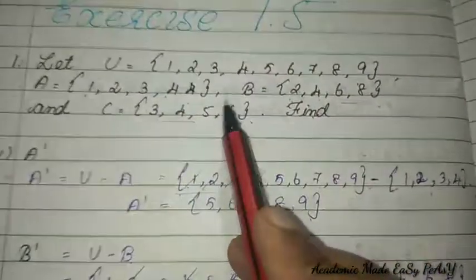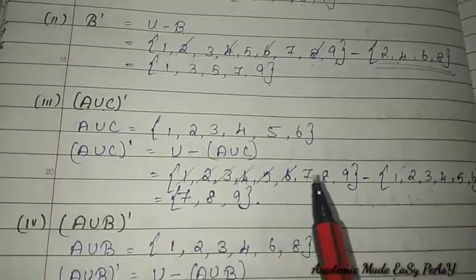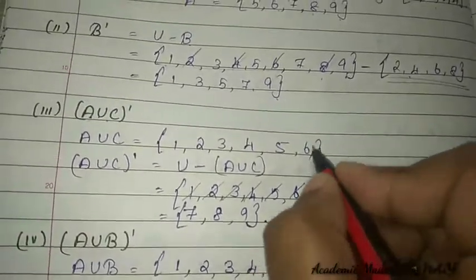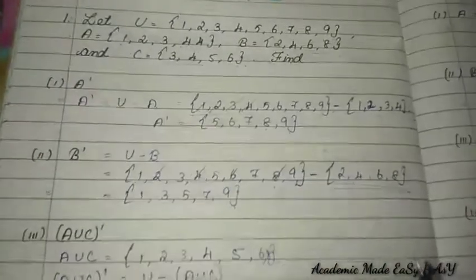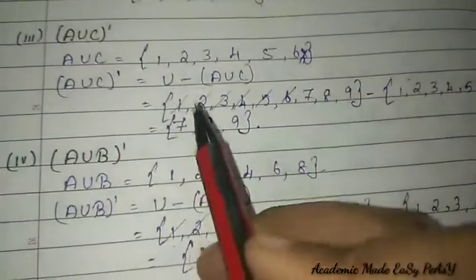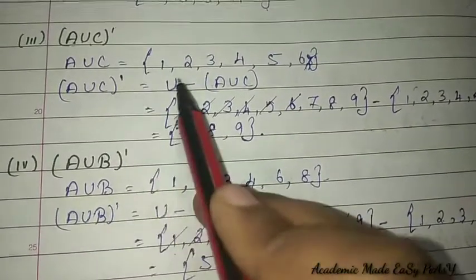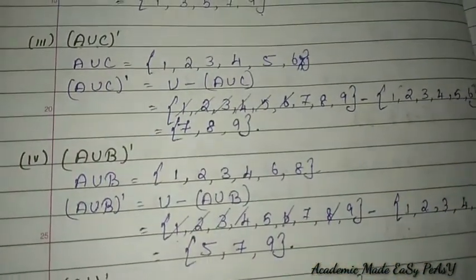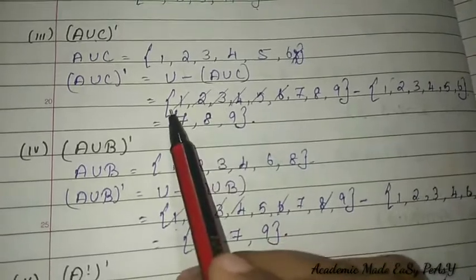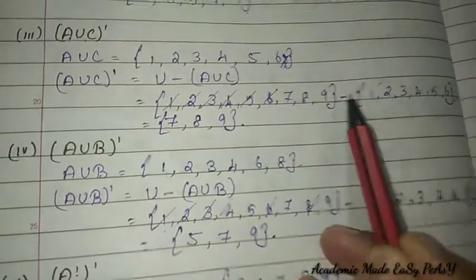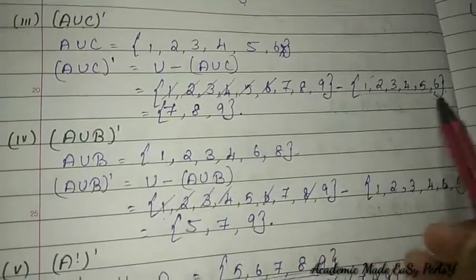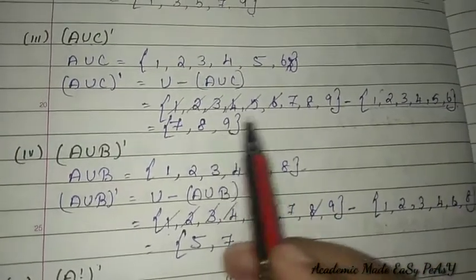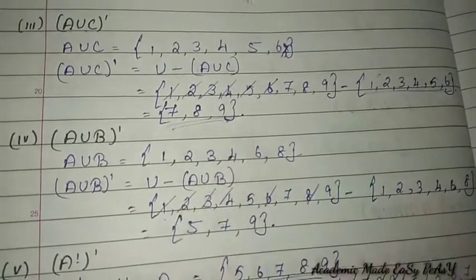Then after that the remaining elements; in C only 6. Then A union C the whole dash means U difference A union C. So I have written the elements in U difference of A union C. Is that clear?